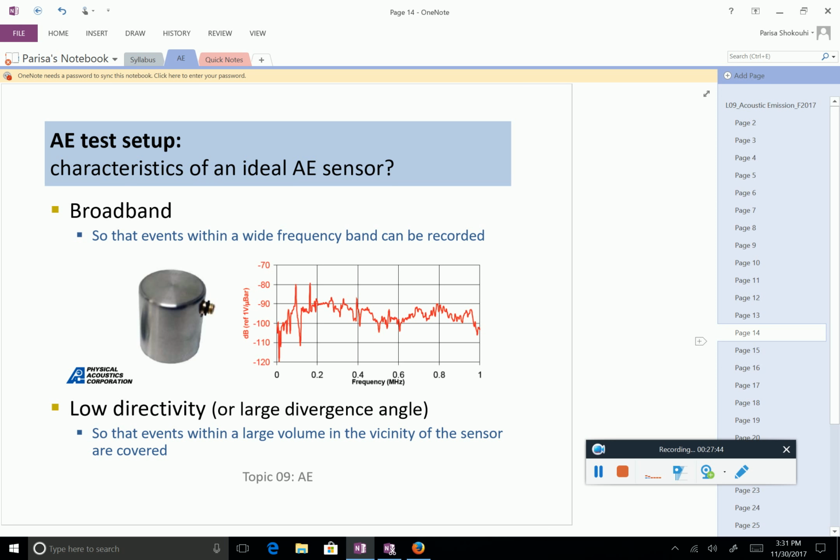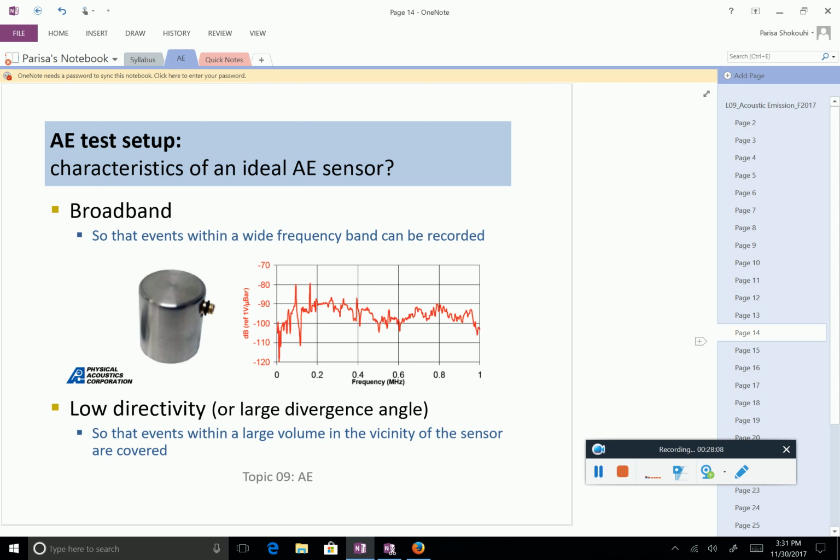Now I want to give you some practical advice. Let's say in your future job, you go to a structural engineering firm and they want to do acoustic emission. And they ask you, so Mervyn, what kind of sensors do you have to buy? It's very important. For acoustic emission, you want a very broadband sensor.